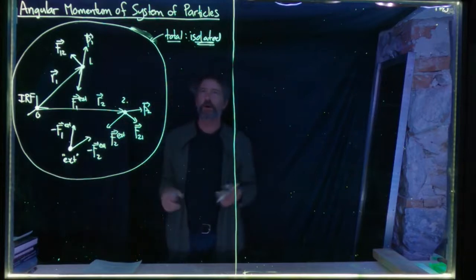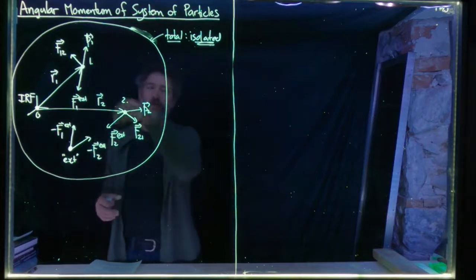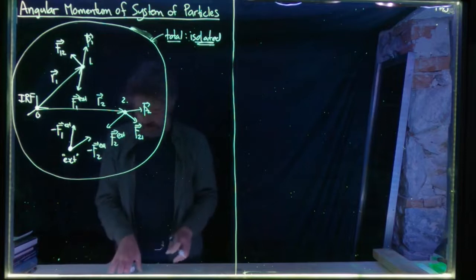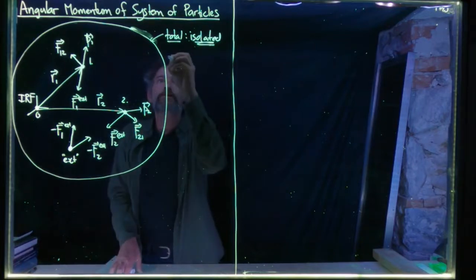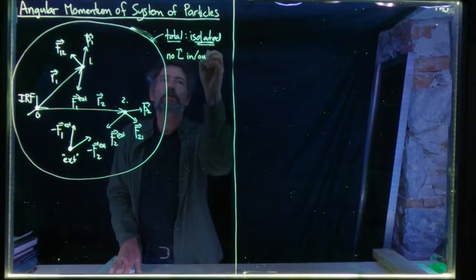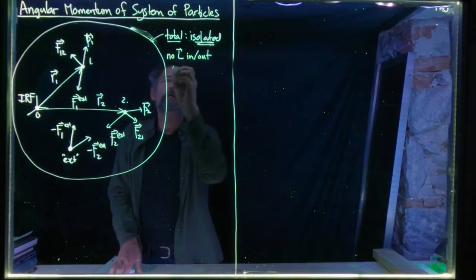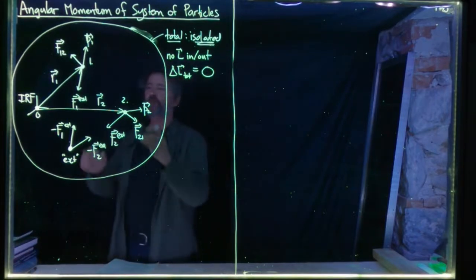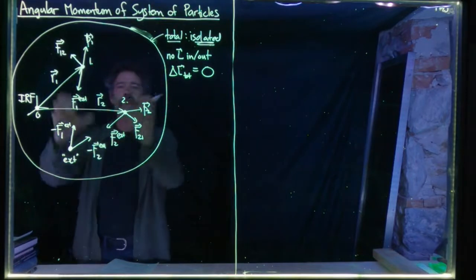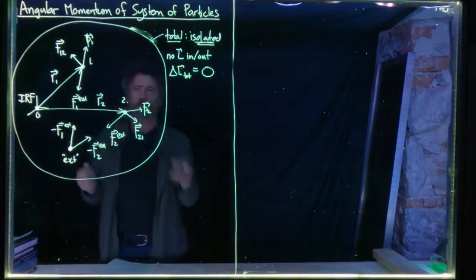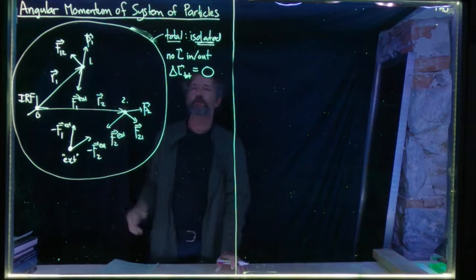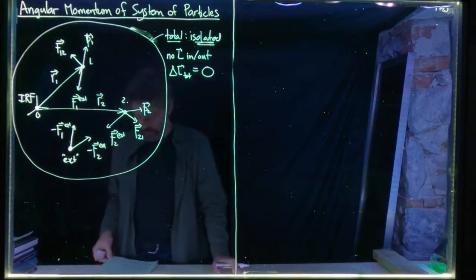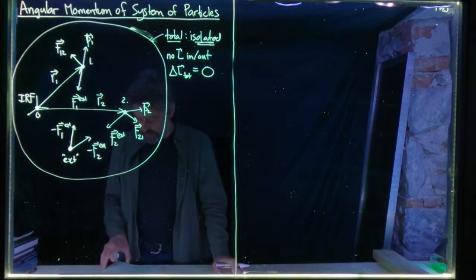Either way, the system is isolated, no angular momentum in, no angular momentum out, which tells us that delta L total, the total angular momentum, never changes. Whatever the angular momentum was to begin with, whatever these interactions are, the set of all three particles will have exactly the same angular momentum for all time. So the total angular momentum remains constant.